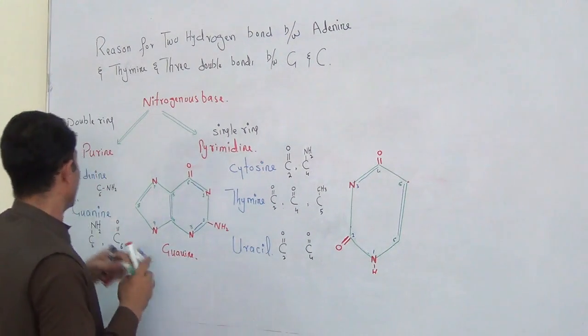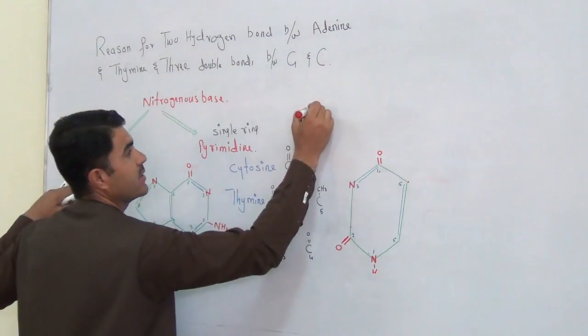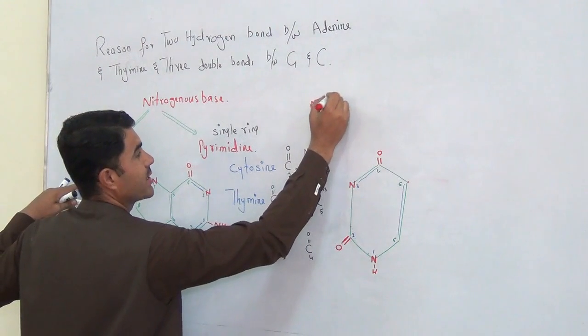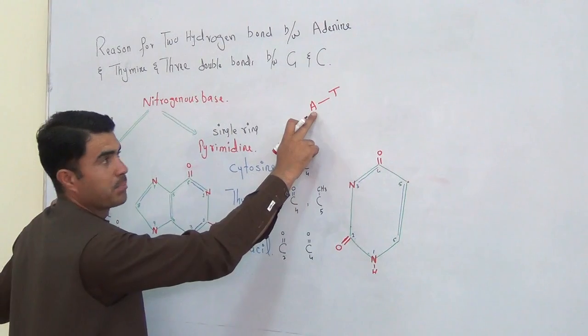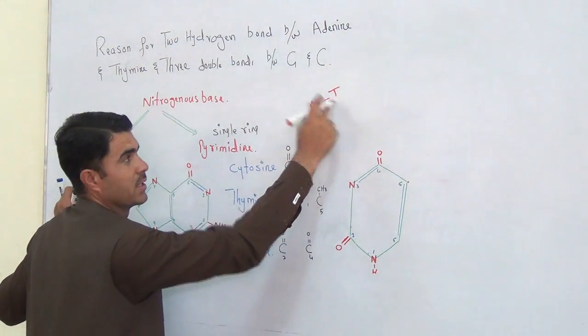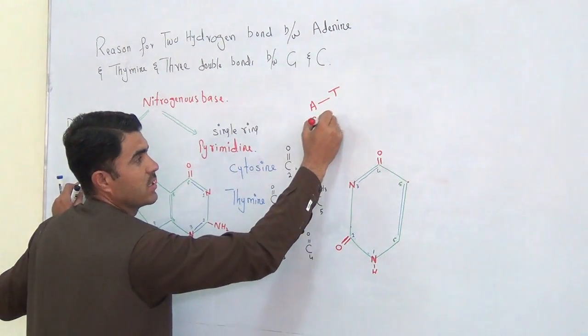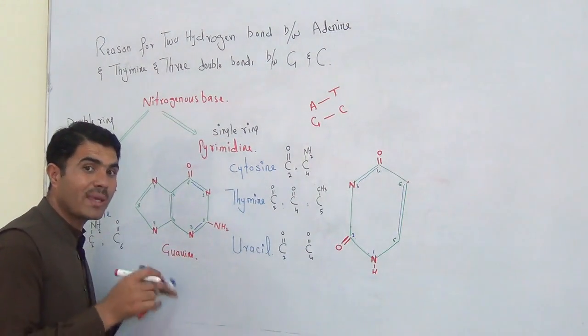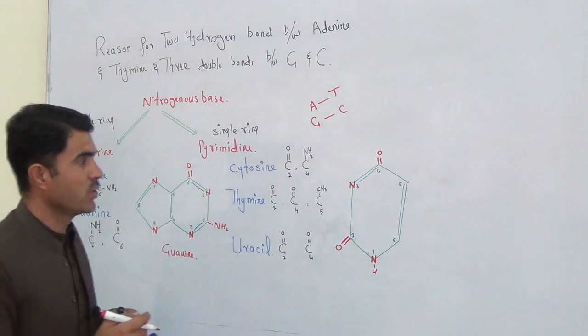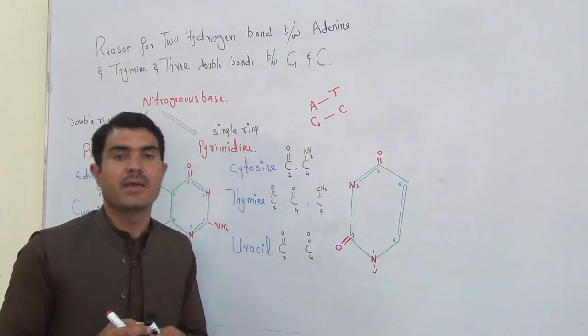Just like in this way, adenine is always linked with thymine. You know, adenine is purine and this is pyrimidine. Guanine is always linked with cytosine. Don't worry about uracil.